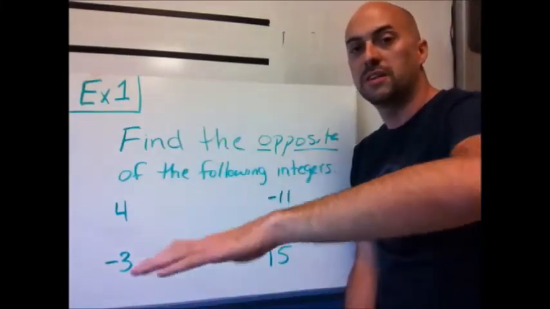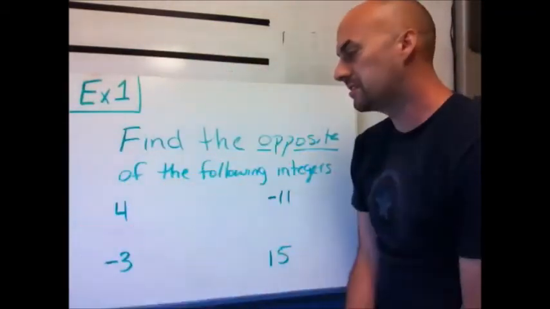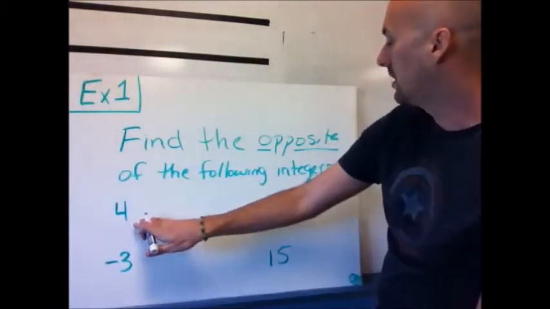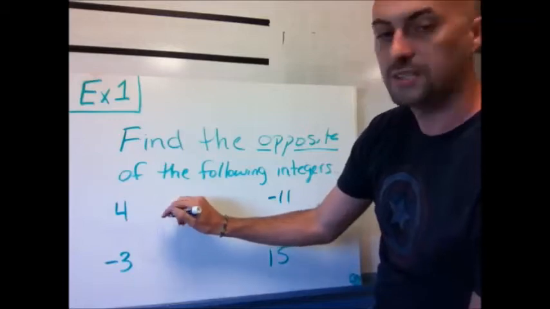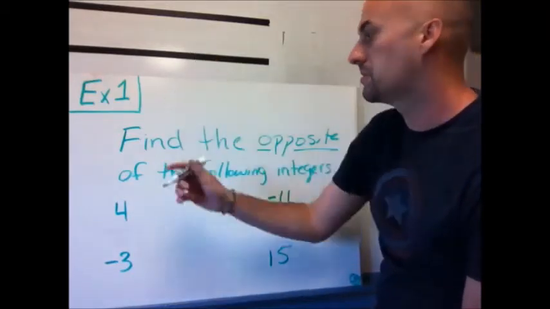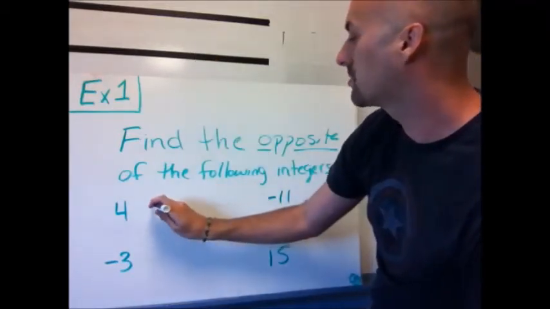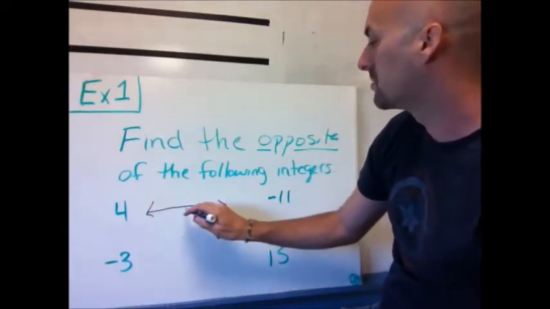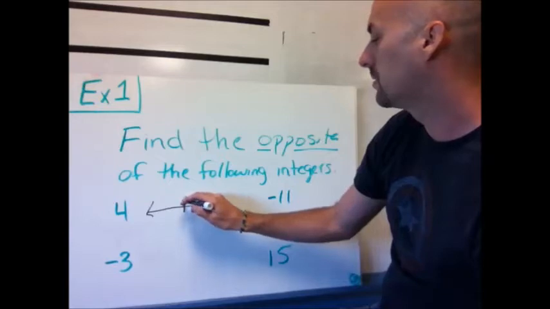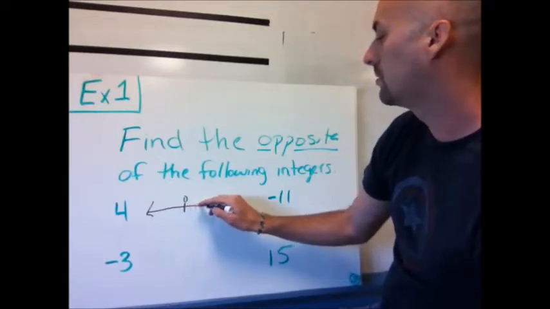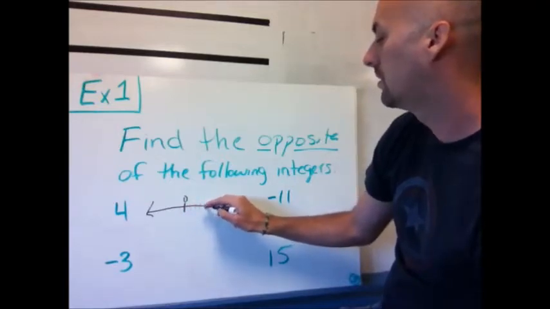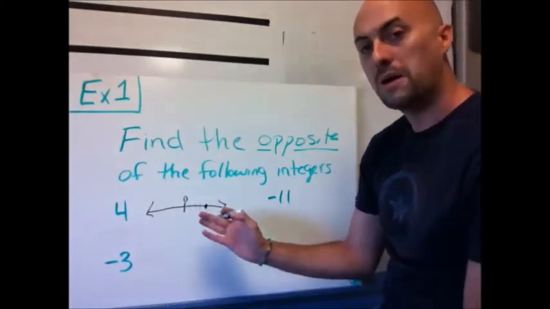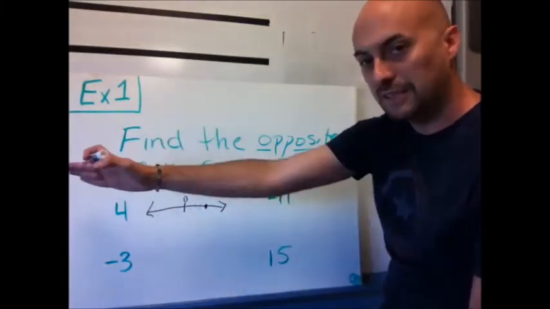So remember what I said, it's the equal distance from 0. So if we look at 4 here, and some of you may already know it, you're thinking, I know this, Mr. Darnall, I got this. Well, I'm just going to visualize it for you. I think math is a good thing to always visualize. So if I put 0 here, and I go 1, 2, 3, 4, there's 4. So I want its opposite to be equal distance away.